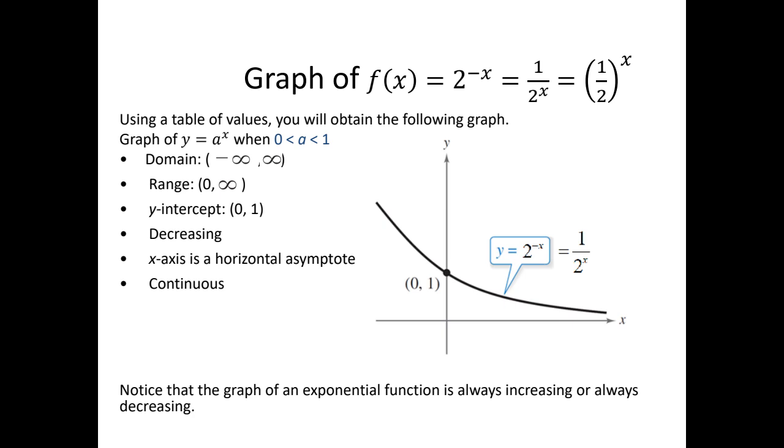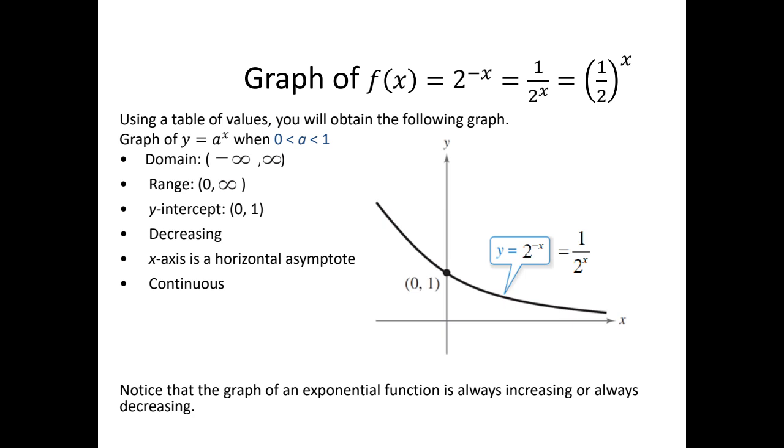So 2 to the negative x is the same thing as 1 over 2 to the x, and I can also put it as a power rule that 2 to the negative x is equal to 1 half to the x power. I like to throw this one out there because in your homework, you're going to see all these variations of this type of exponential function, but they all produce the same graph.